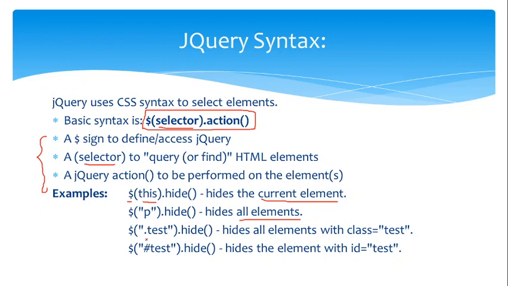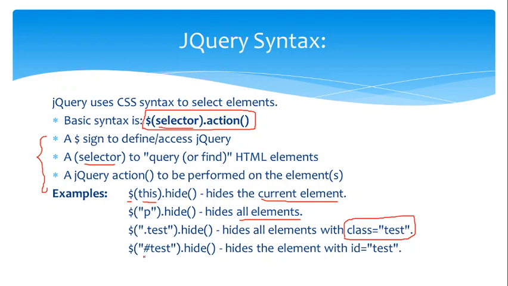Dollar dot test dot hide hides all elements with class equal to test. So whenever you are using a class in any tag, you must use dot test, and wherever you are using this class, all those elements will be hidden.